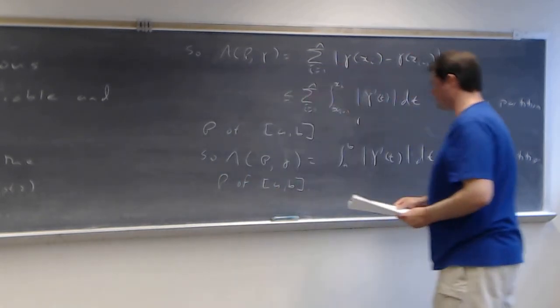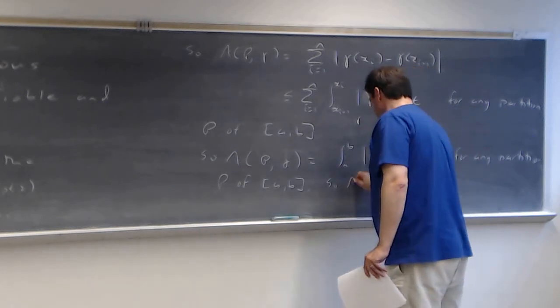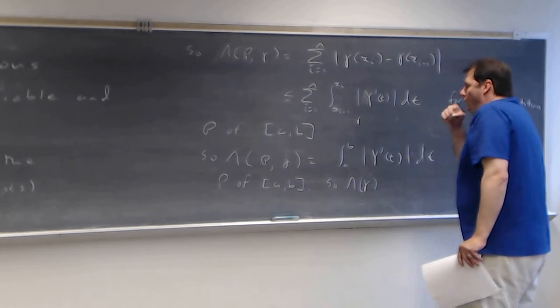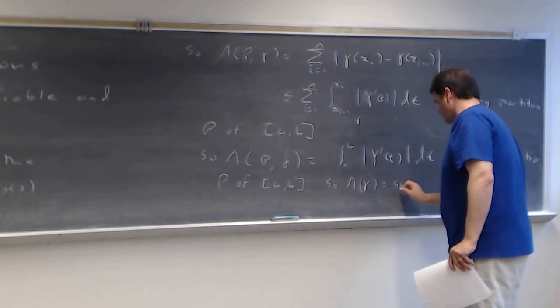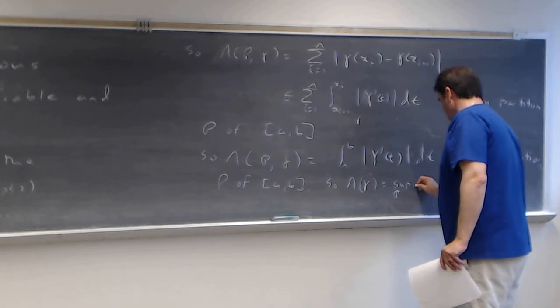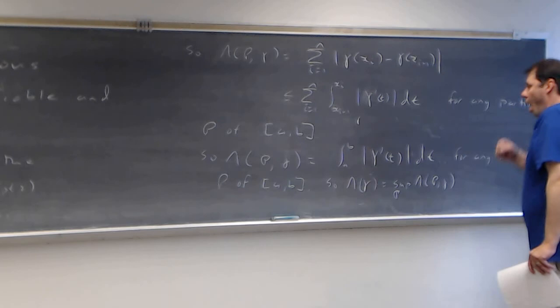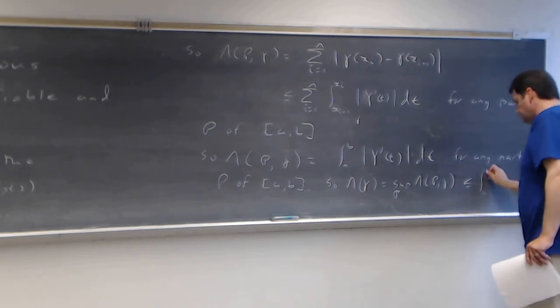Okay. What that tells us then is the length of gamma, which is the sup of these over all partitions, has to be less than or equal to this integral.